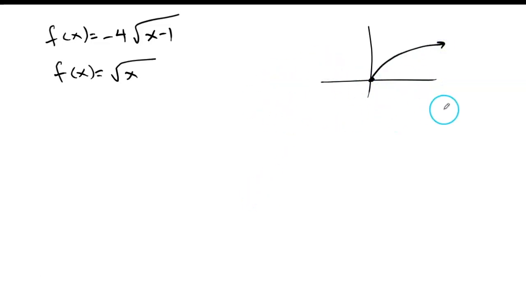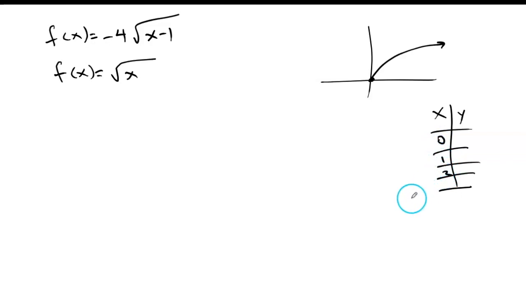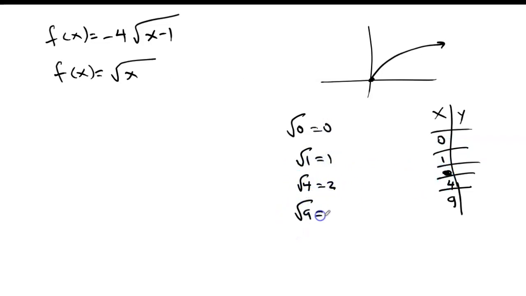If I need to create a table of values, you create a table of values. You give values. You know how it looks, so you can give 1, 0, 1, 2. Actually, this will give you decimals. Because it's the square root, you want a perfect square in there. So you want 0, 1, you want a 4, you want a 9, for example. Because when you plug these values inside, the square root of 0 is 0, square root of 1 is 1, square root of 4 is 2, square root of 9 is 3.